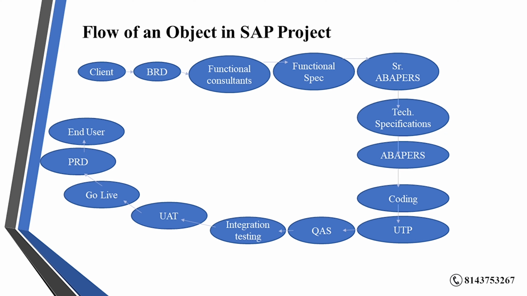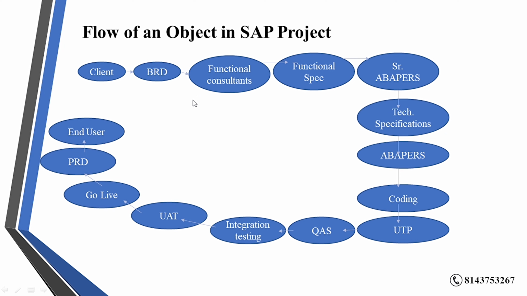So the client will provide a requirement, that is the business requirement document, which is provided to functional consultants. The client will tell what they actually require. They will give us: I want this type of input screens, I want this type of scenarios, and they will provide all the business processes.